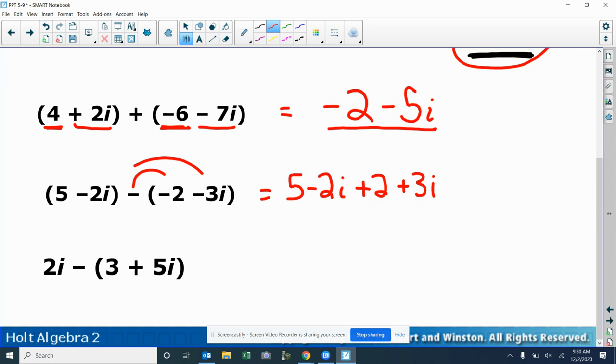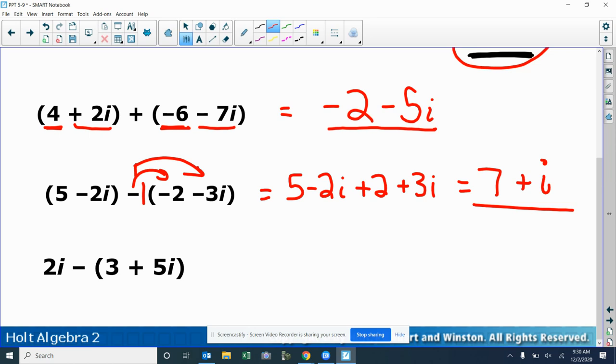So it is subtract that, so I'm distributing, of course, that -1 across the board there. Now it's just like the first problem, isn't it? What are my like parts? We have 5 and 2. I want to put the real part first. Gives us 7. We're going to have -2i and positive 3i, which will give me plus i. Again, real part first, imaginary part second.